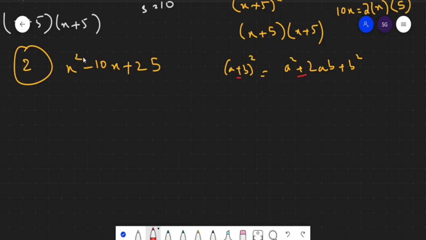Right, so I can write x squared as the square of x. I can write 25 as the square of 5. And then I can write this negative 10x with the sign as it is. 2 has to be there. You've already found x and 5, so you can simply write them like this, and then you're done with that.